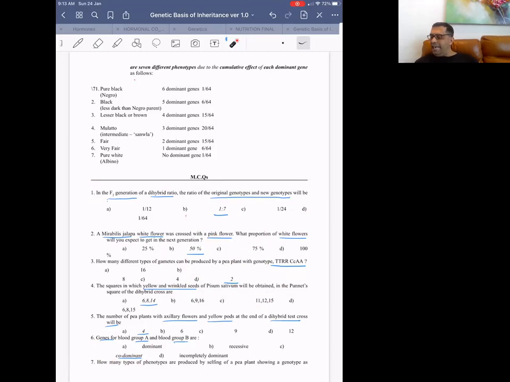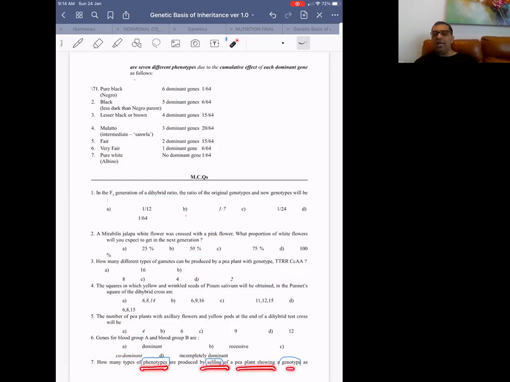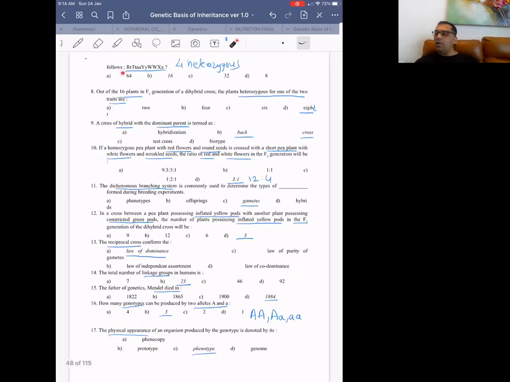And how many types of phenotypes are produced by selfing of a pea plant showing genotypes as capital R, small r, capital T, capital A, capital Y, small y, capital W, capital X, small x.